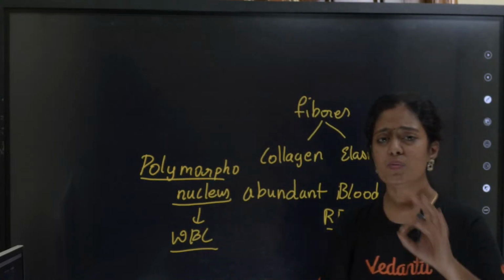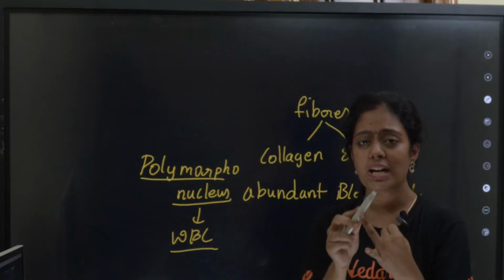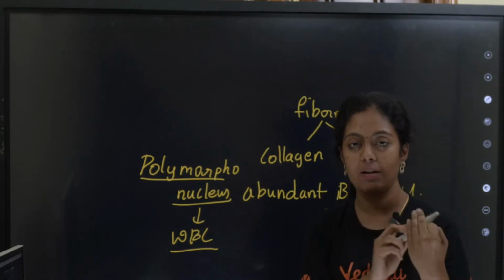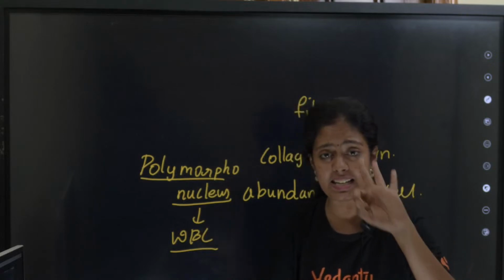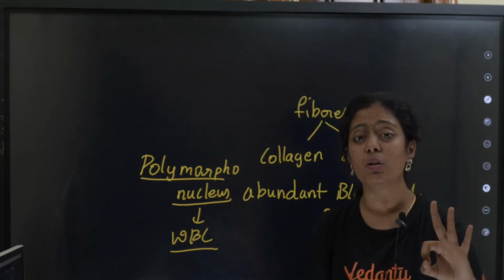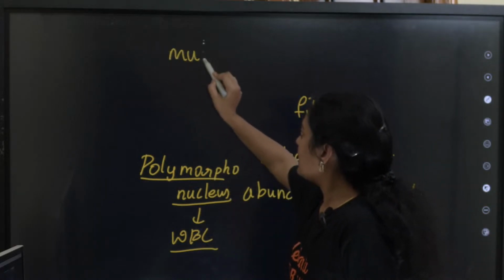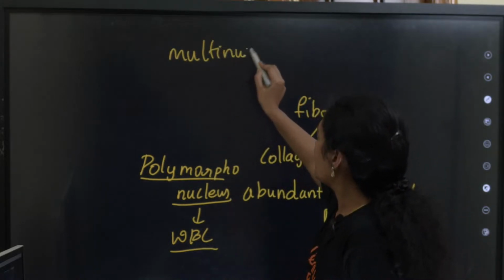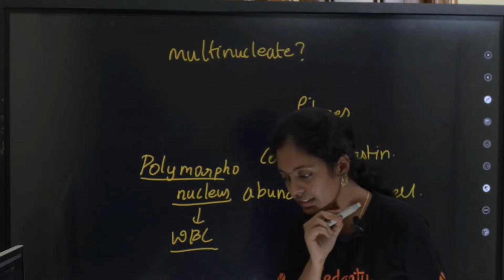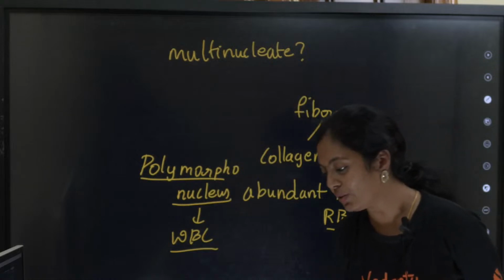Okay. So I have 3 types of muscles, correct? Smooth muscle, striated or skeletal muscle, and cardiac muscle. Out of these 3 muscles, can you tell me which is multinucleate? Which muscle is multinucleate?